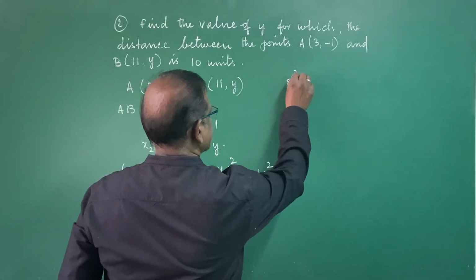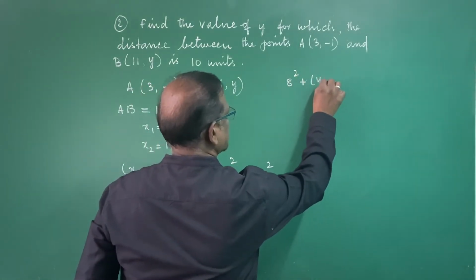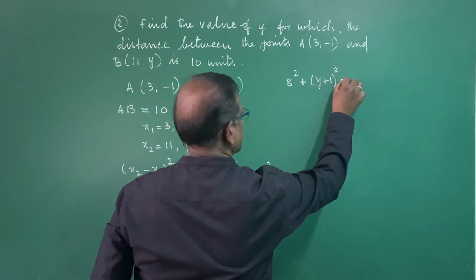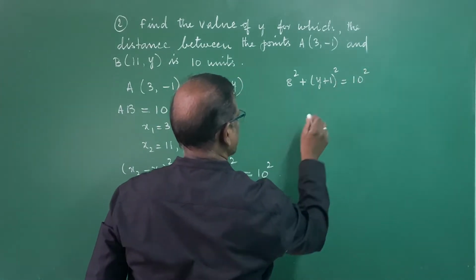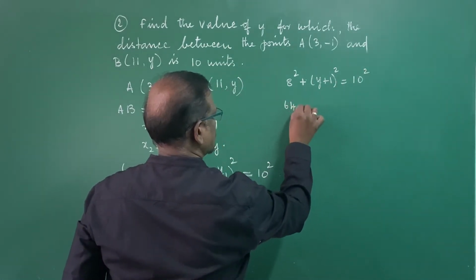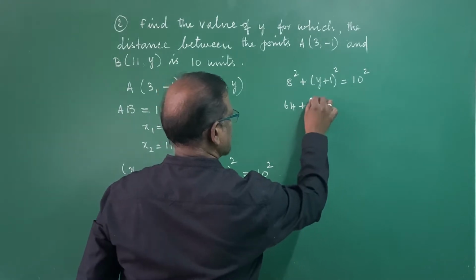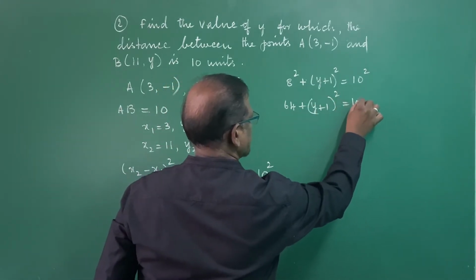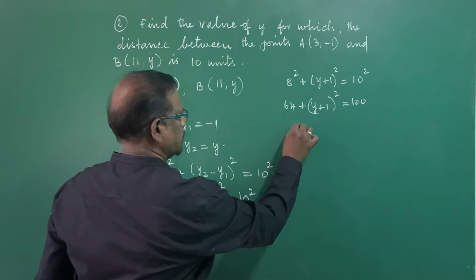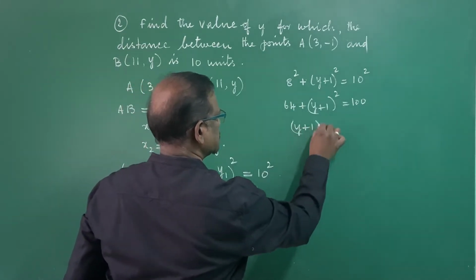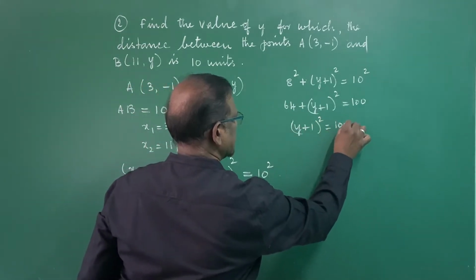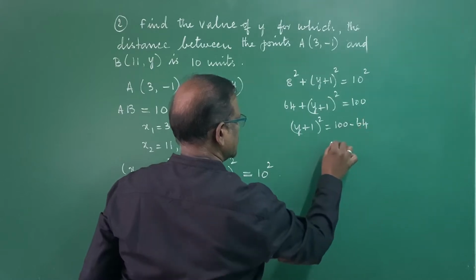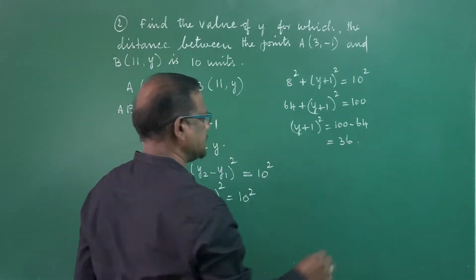It is 8 square plus y plus 1 whole square is equal to 10 square. 64 plus y plus 1 whole square is equal to 100. Now y plus 1 whole square is equal to 100 minus 64, that is equal to 36.